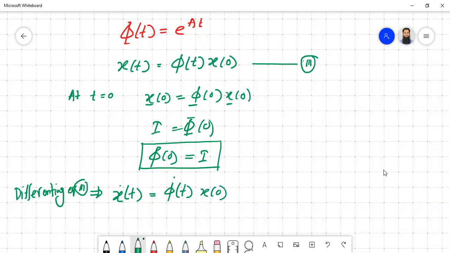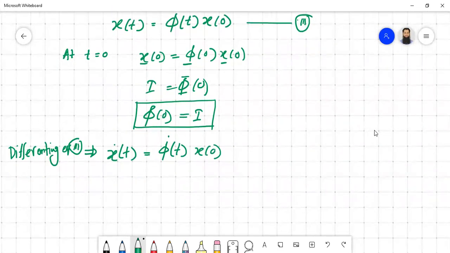Now again, from the first equation, from the homogeneous equation, we also know that this is also equal to A x t.